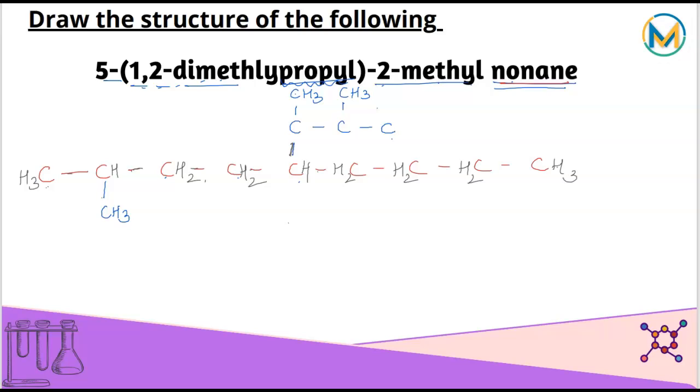Now here 3 bonds are satisfied, so you have an H here. Here again 3 are satisfied, so H here, and this will be H3. So this will be your structure for 5-(1,2-dimethylpropyl)-2-methylnonane.